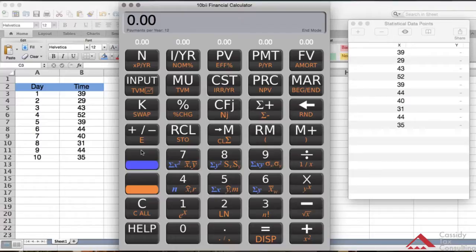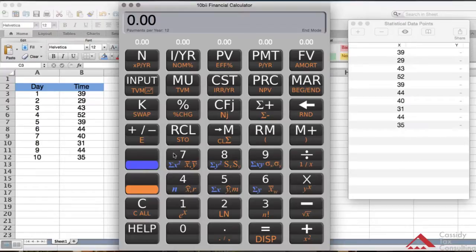If you look at page 142, you'll see the formula: s squared equals the sum of x, the variable, minus the mean, squared, divided by the number of data points minus 1.